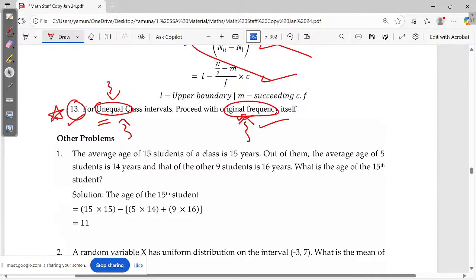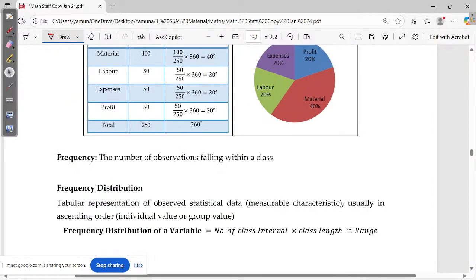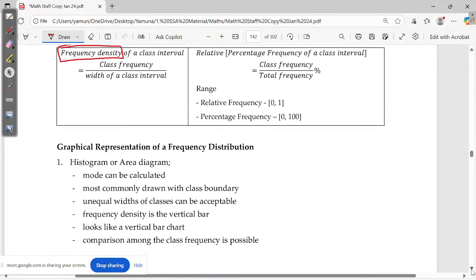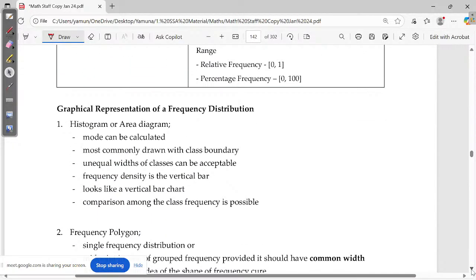Again, go for that page, below that. What's the point given? Can you find frequency density? Over here, let me finish off, then I'll come to 1.14. Here it says, in the case of histogram, when you go for graphical representation, you cannot use original frequency.